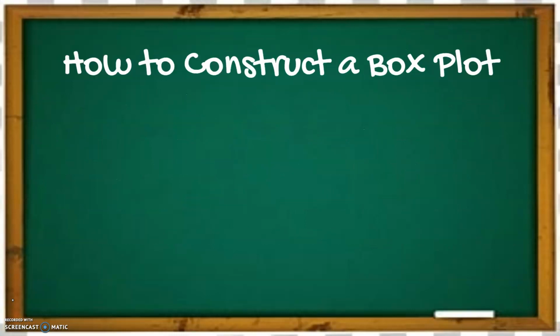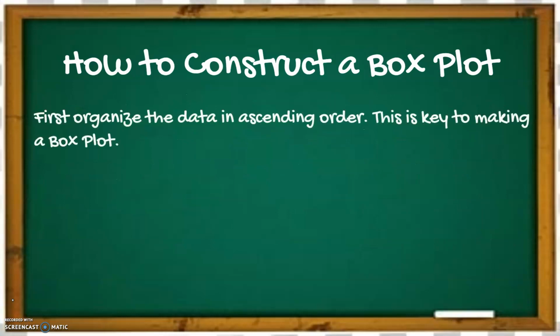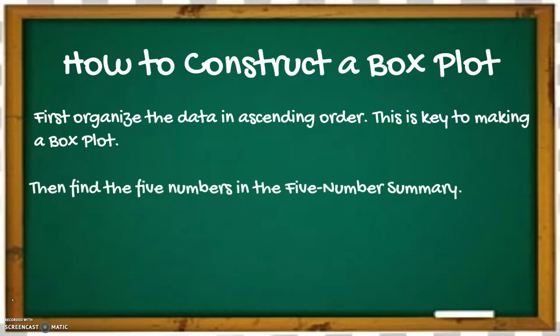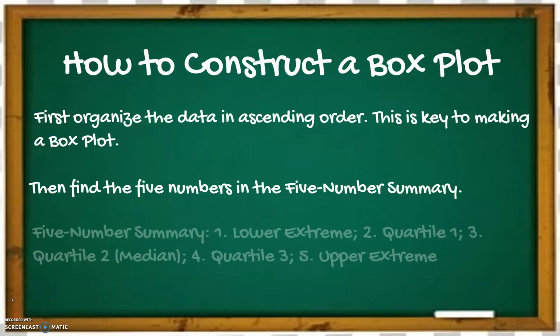All right, so how to construct a box plot. So again, we go back to that whole notion of organizing our data in ascending order. This is key to making a box plot. You will have a difficult time trying to create a box plot without the numbers being in order from least to greatest. So we're going to then find the 5 numbers in the 5-number summary after we've ordered our data in ascending order.